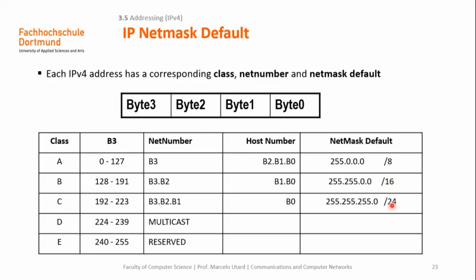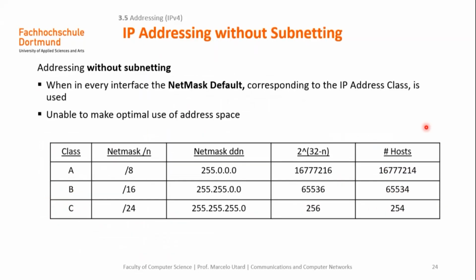This is important to understand the concept of subnetting. Then we could perform IP addressing without subnetting, when in every interface the default netmask corresponding to the IP address class is used. That is, every interface in a network needs to use the default netmask corresponding to the IP address class of the interface.